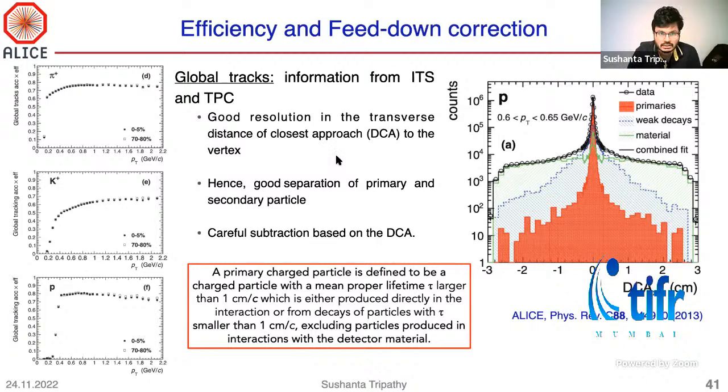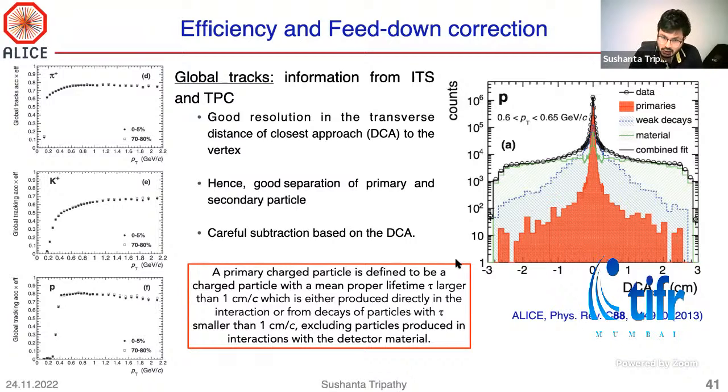For these global tracks, we have set up trackers which keep a good resolution in the transverse distance of closest approach, the DCAxy distribution, to the vertex. In this way, we have a good separation of primary and secondary particles. We work a lot on this to have a careful subtraction based on the DCA so that we are only choosing primary particles.